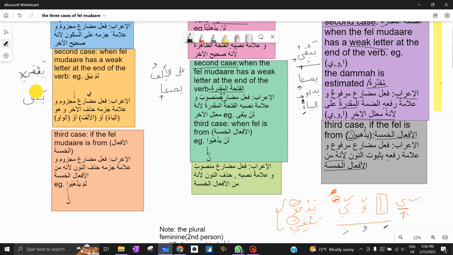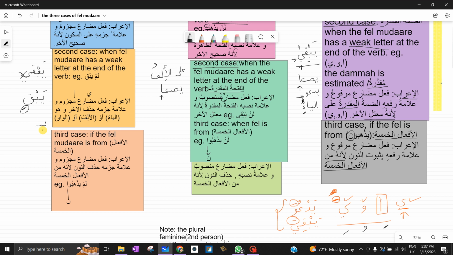And how will you decide what haraka this qaf will have? This ya represents kasra, so as soon as ya is deleted, it leaves its representative. Now the moment you see the kasra, you will understand that yes, the weak letter ya was deleted from here. This is how you will recognize.